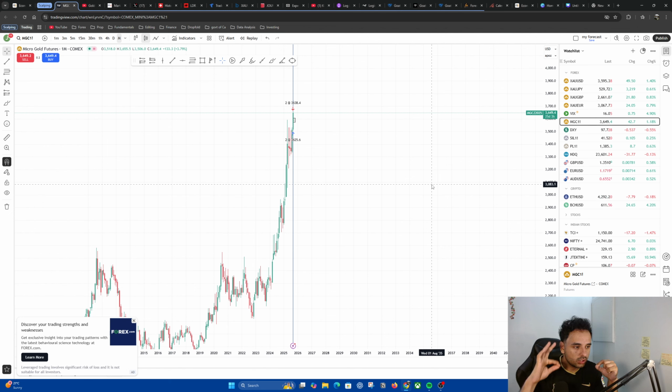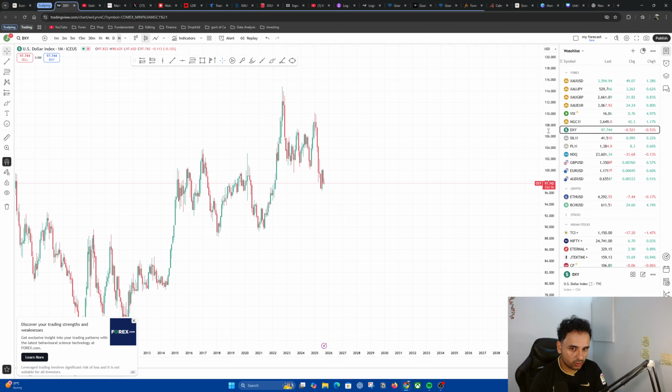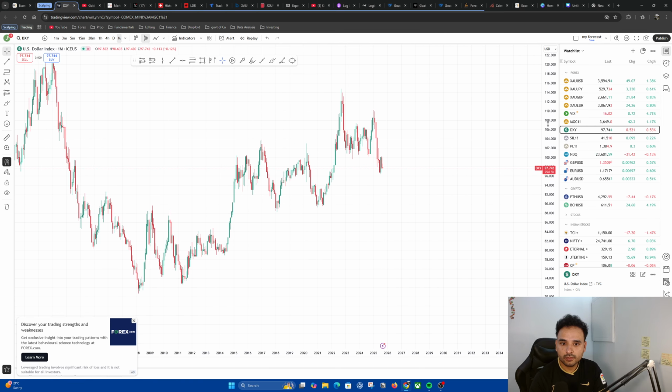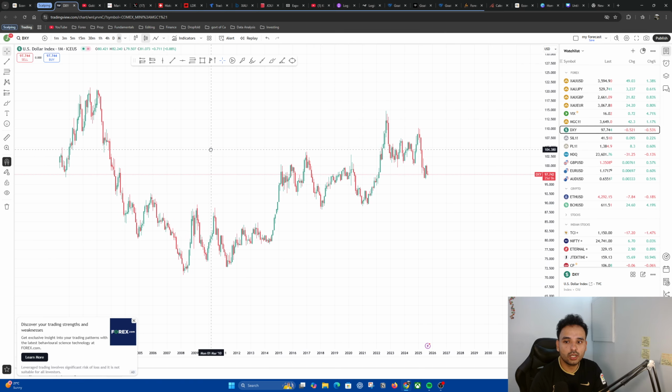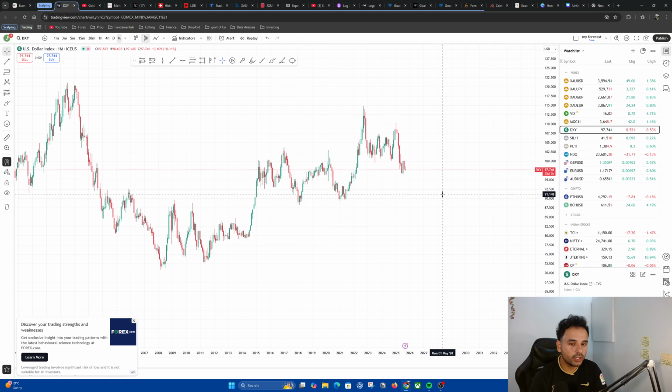If gold goes down, the US dollar is going to go up. That's how they have historically been. So gold and the dollar index are inversely correlated, though not 100% of the time, only somewhat.